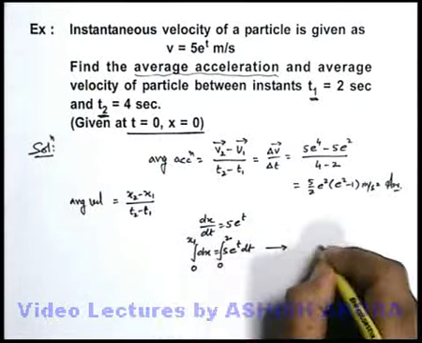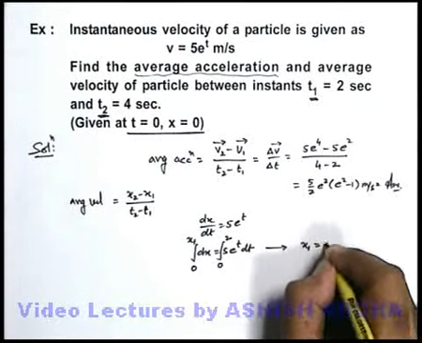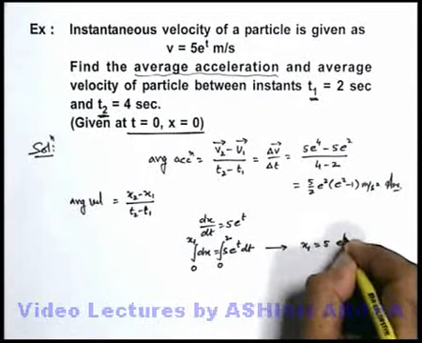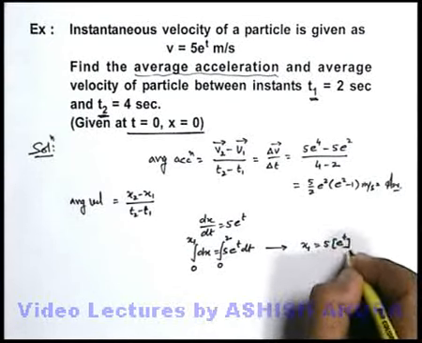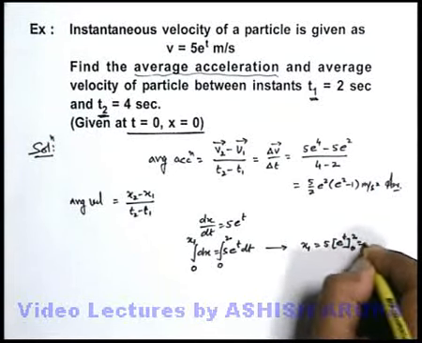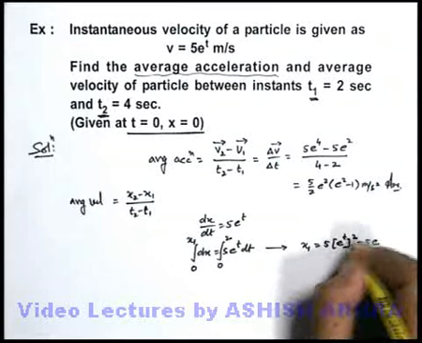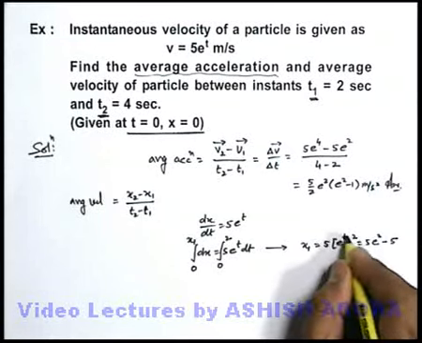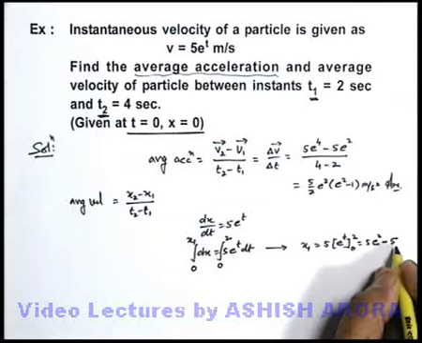So here we'll directly get the value of x1, which will be equal to 5 times the integration of e to the power t, which is e to the power t, integrated from 0 to 2. So this can be given as 5 e square minus 5, because e to the power 2 minus e to the power 0 will be 1.